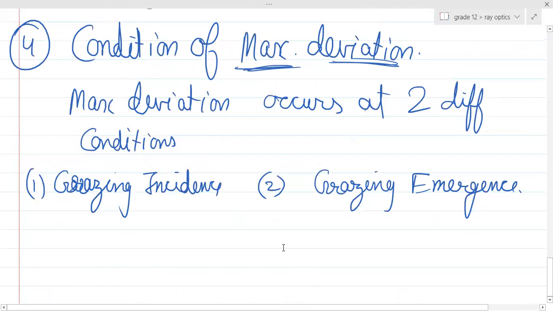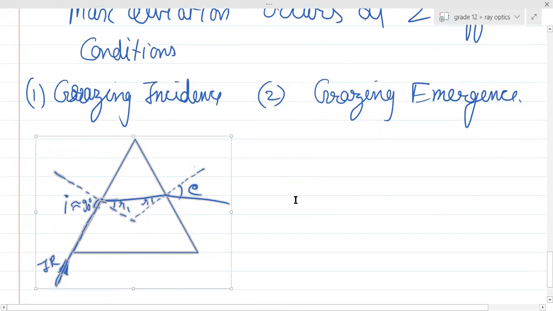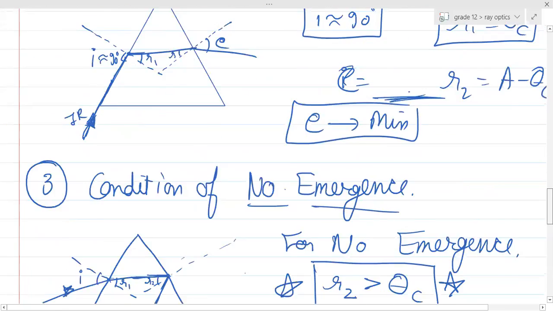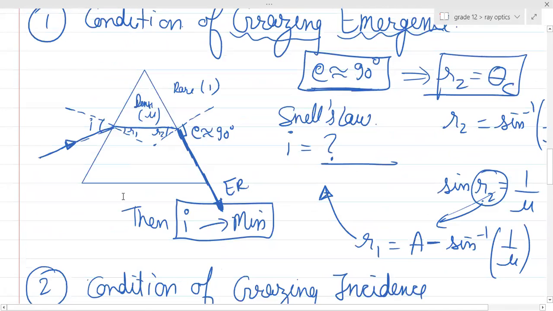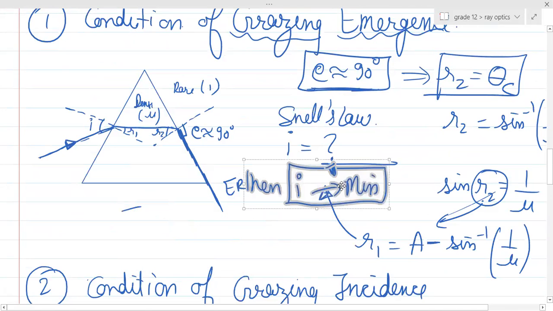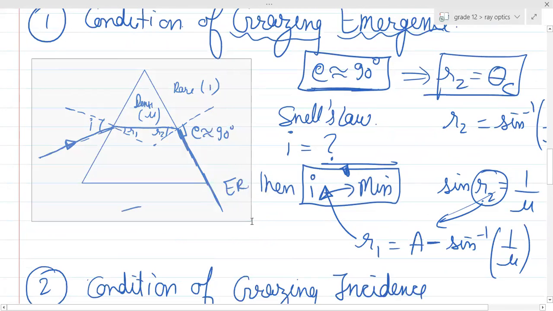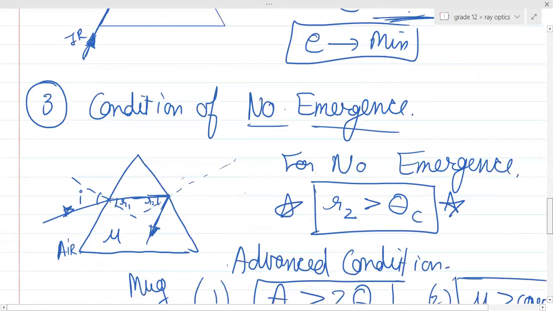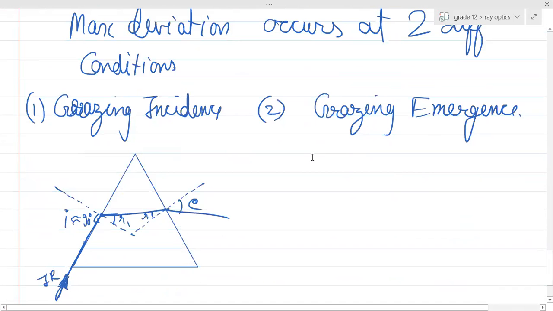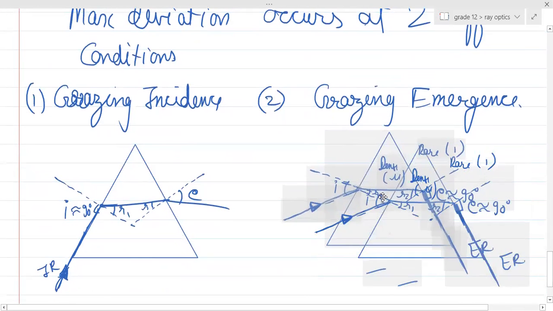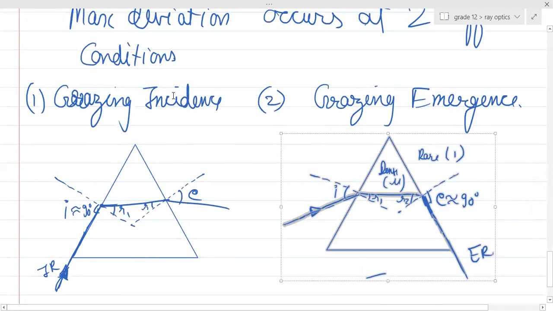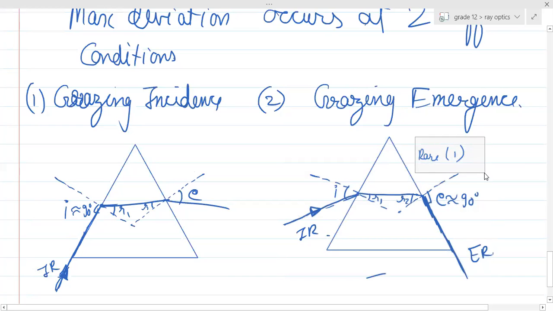See, you need to draw this diagram again, obviously. Please remember, I already told you this.